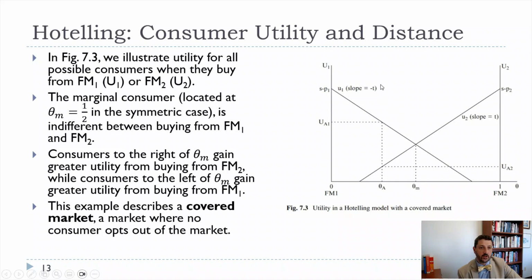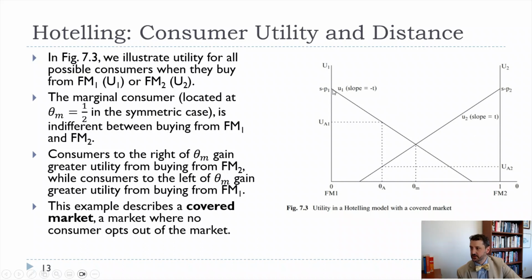And then as you move away from those locations, right, the slope is minus t, which is the slope of the transportation cost. And eventually these two lines cross at our median consumer, right, where they're completely indifferent, right?